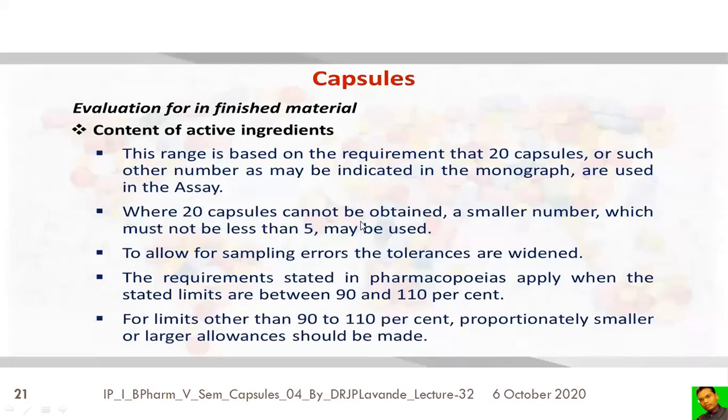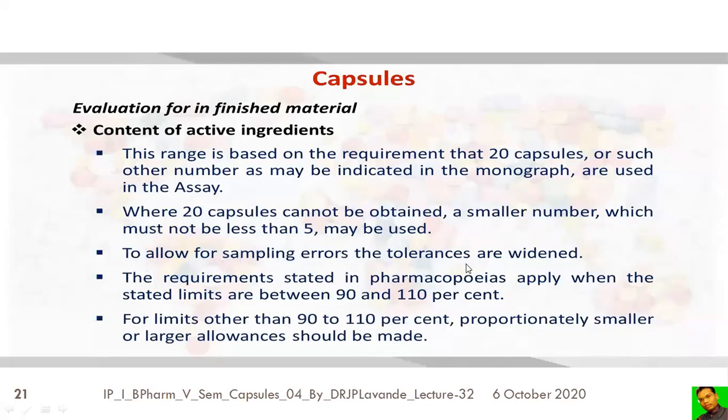When 20 capsules cannot be obtained, a smaller number, which must not be less than 5, may be used. When 20 capsules are difficult to obtain, the least number of capsules should be 5. Minimum 5 capsules should be taken in order to perform the active ingredient test.